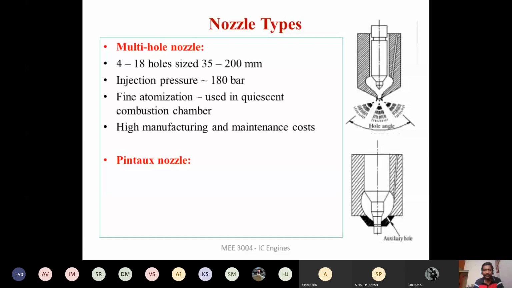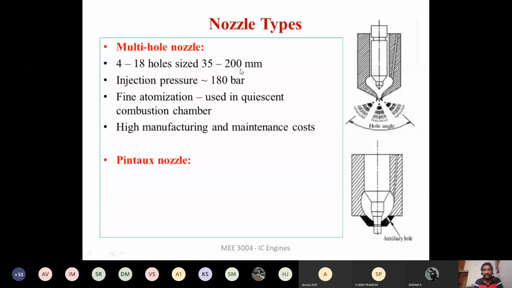Okay, that is so. In the case of multiple hole nozzle, multiple orifices, we will have as many holes as possible, with hole dimensions of around 35 to 200 micrometers, and the injection pressure is around 180 bar.